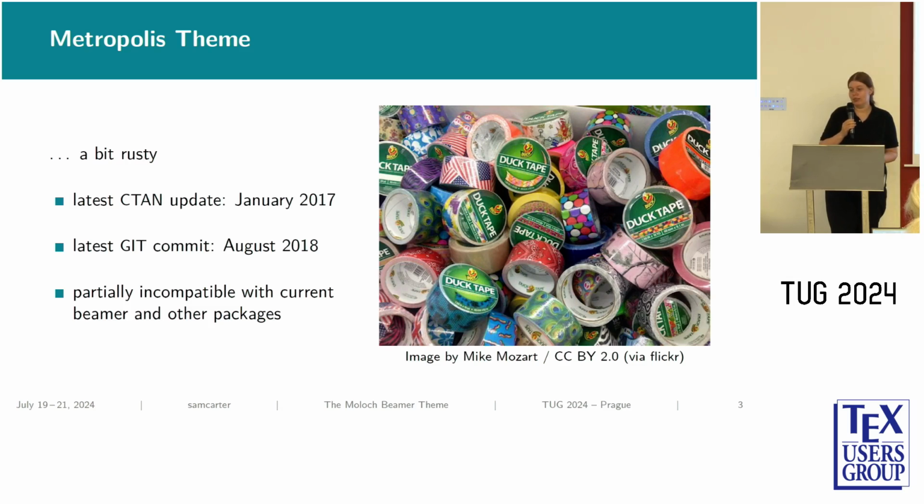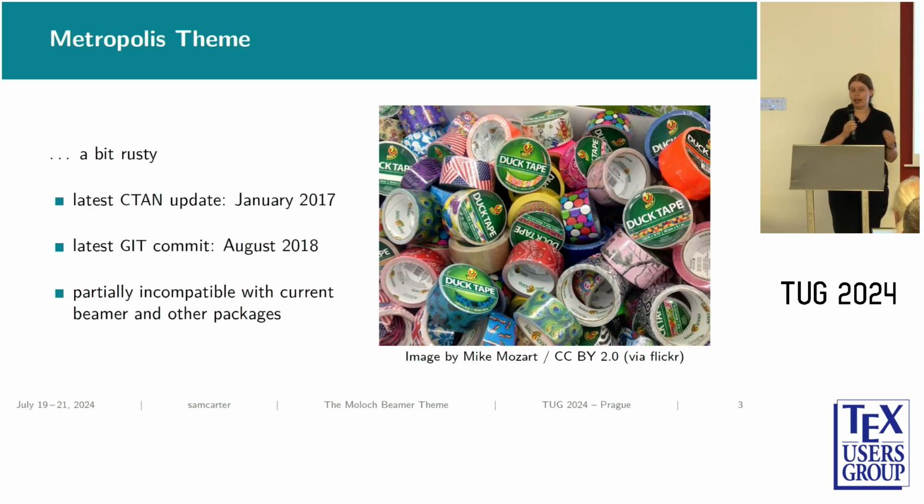So they are not rewritten, but the Beamer macros are really patched. And since 2017, Beamer evolved a bit. If you've been at the TUG meeting last year, I gave a talk about all the new Beamer features we added. And this has led to the current situation that the current Beamer version is not really compatible with Metropolis.